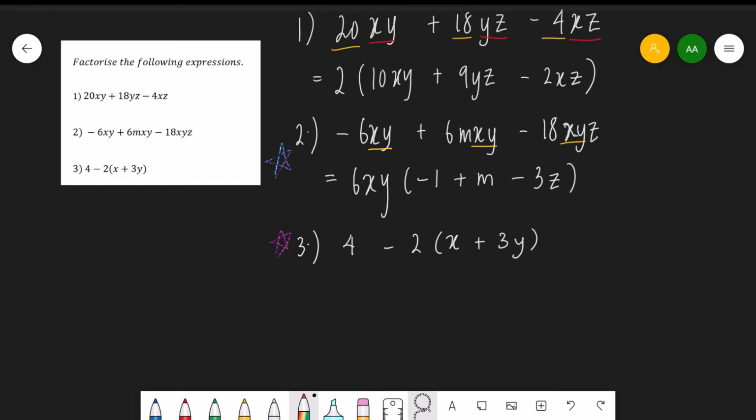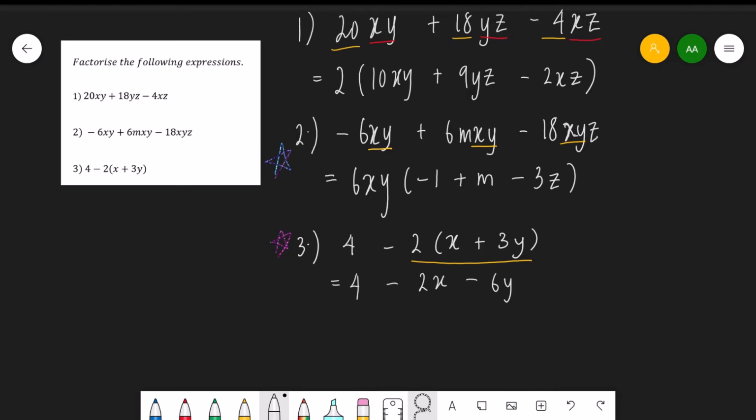The first thing that you must do is to expand this part. Let us expand this, and then we'll see what the expression is, and then we can factorize. So we have 4 minus 2x minus 6y.